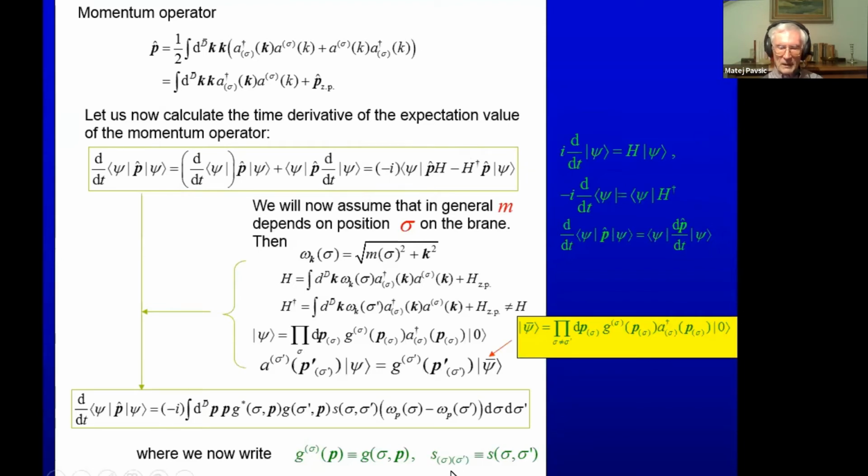So what is the state? The state here is given by this expression, in which creation operators are applied to the vacuum, and G as a function of P is the wave packet profile, and here you have the product over all those possibilities.